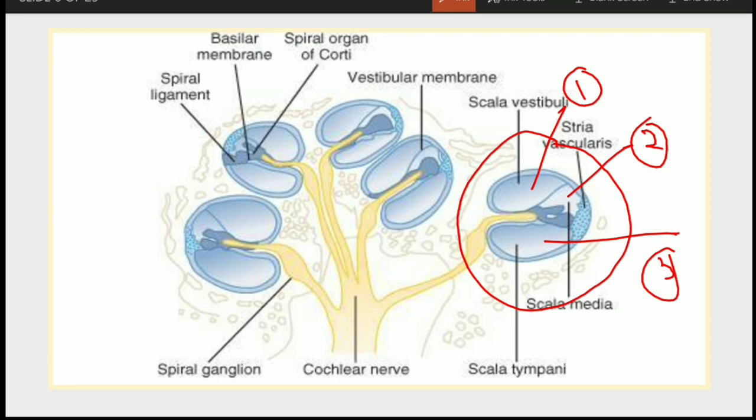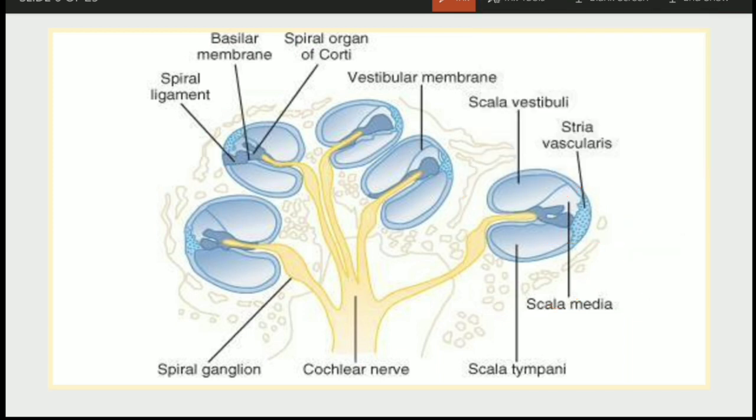Here you are seeing a yellow colored structure. This yellow colored structure is our cochlear nerve having two processes. This is our spiral ganglion.